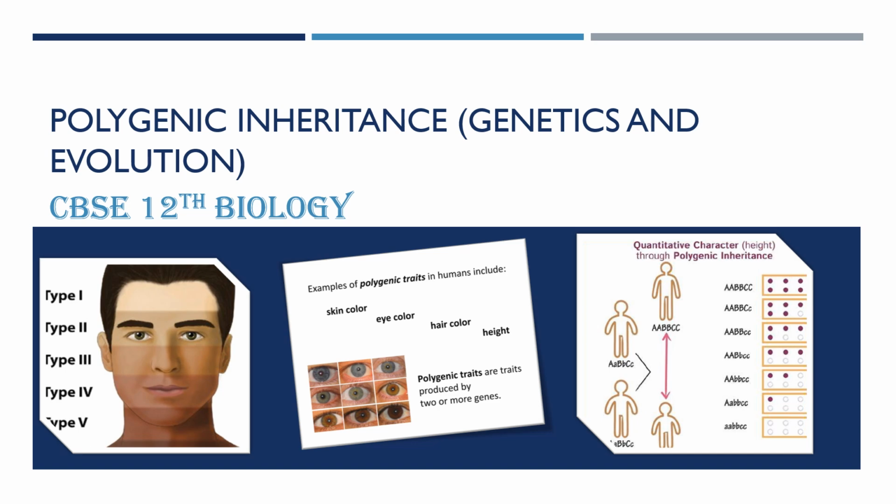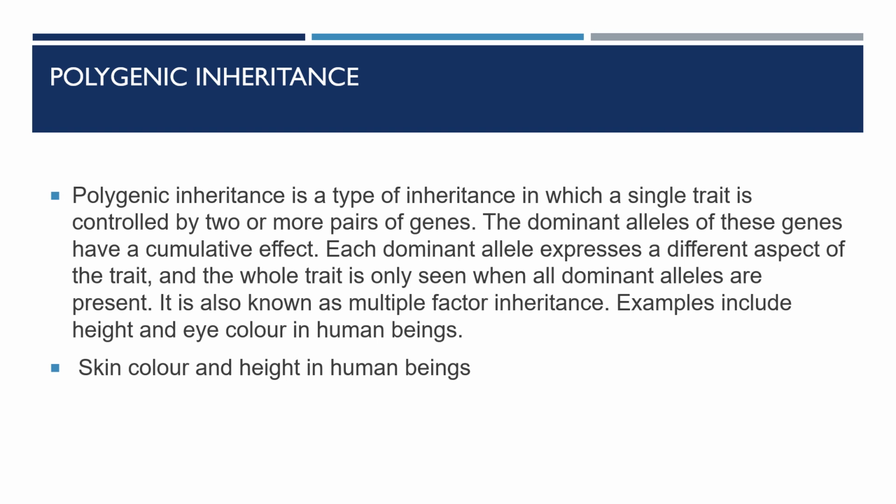Polygenic inheritance. So what does this term polygenic inheritance mean? Polygenic inheritance is a type of inheritance in which a single trait or character is controlled by two or more pairs of genes. That's why it is called poly. The dominant alleles of these genes have a cumulative effect.